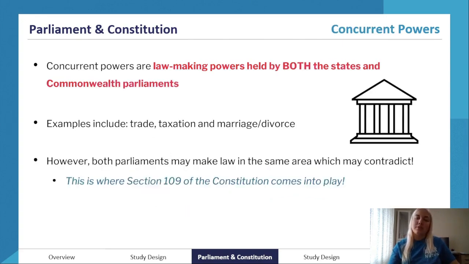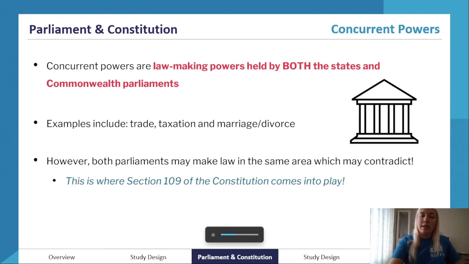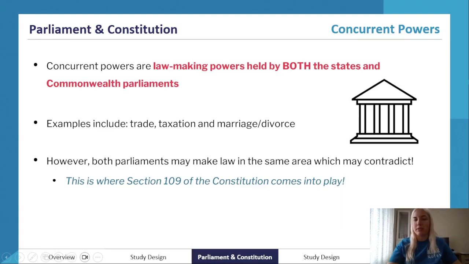Okay, so we said exclusive powers are held by the Commonwealth, and we're able to define that and provide a few examples. Now, concurrent powers, it's literally in the name concurrent, so clashing or shared. Okay, so these are the lawmaking powers that are held by both the states and Commonwealth parliaments. And you might be thinking, well, how does that work?